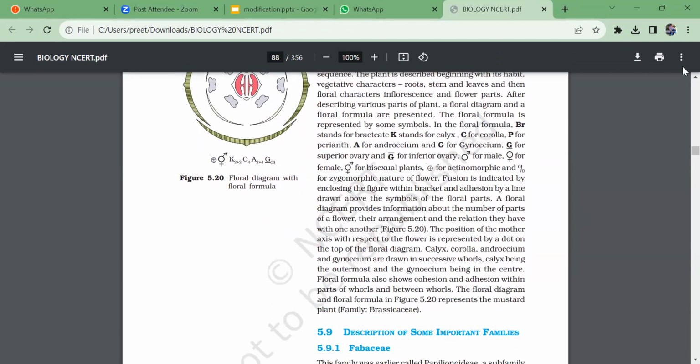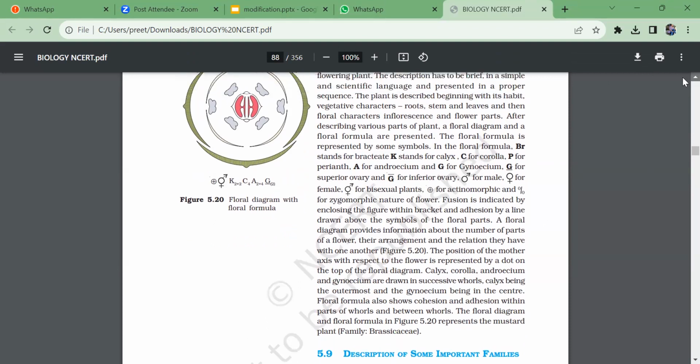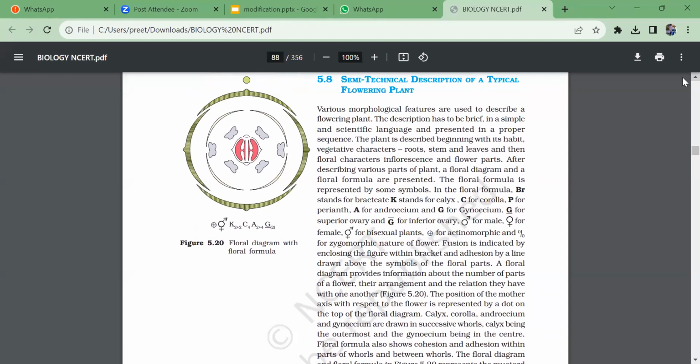Under this, write down the examples for family Brassicaceae. Which plants come under this family? First is mustard. Write down mustard. Mustard's other name is Brassica. Ma'am, can you repeat? Wait, I'll write.